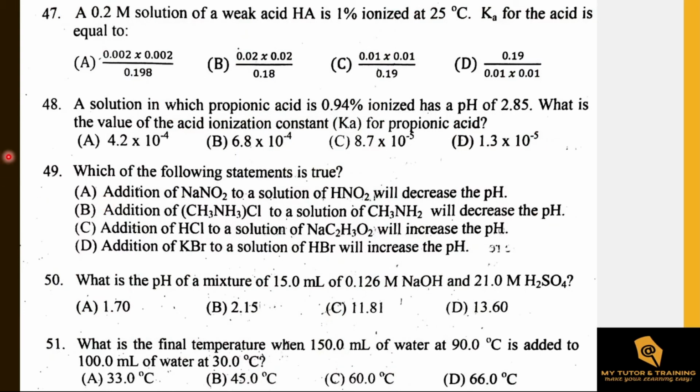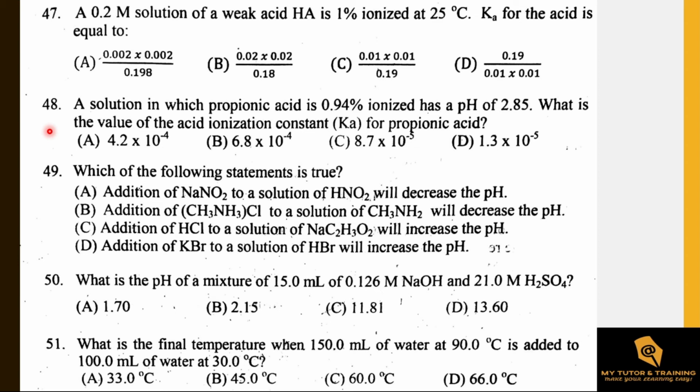Let's come to question number 47. A 0.2 molar solution of a weak acid HA is 1% ionized at 25 degrees Celsius. Ka for the acid is equal to, since HA is a weak acid, it ionizes or dissociates what? Partially.